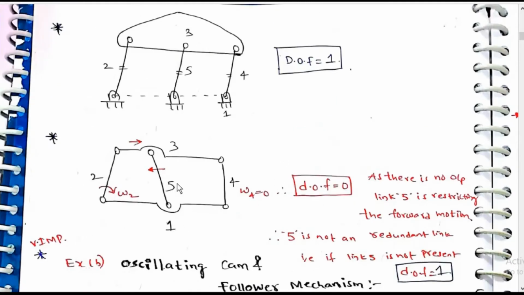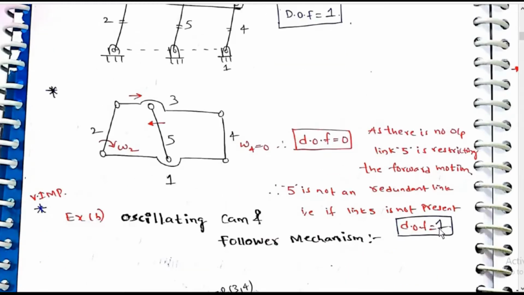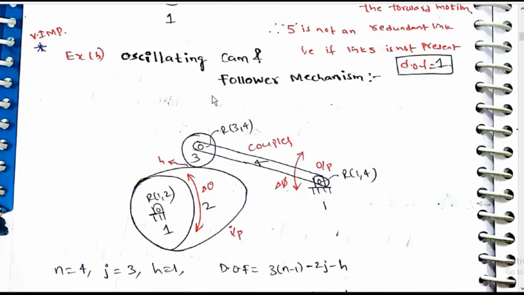If one link is connected which is not parallel, then degrees of freedom is equal to 0, omega 4 is equal to 0, as there is no output; link 5 is restricting the forward motion. Link 5 is not a redundant link, that is, if link 5 is not present, degrees of freedom is equal to 1. As link 5 is there, degrees of freedom is equal to 0.